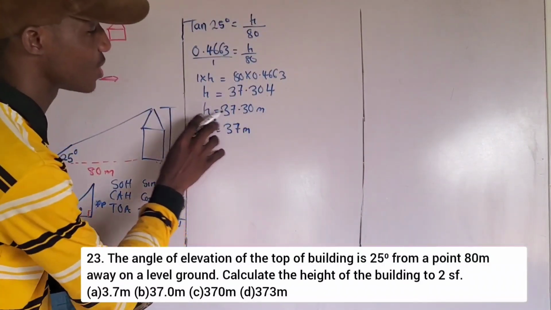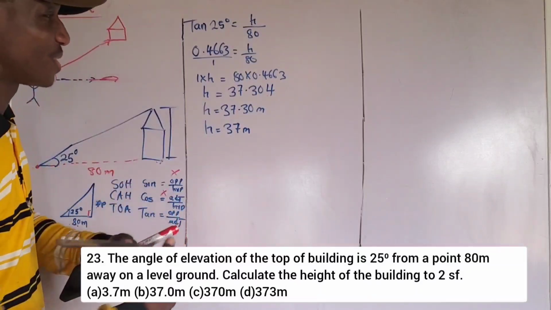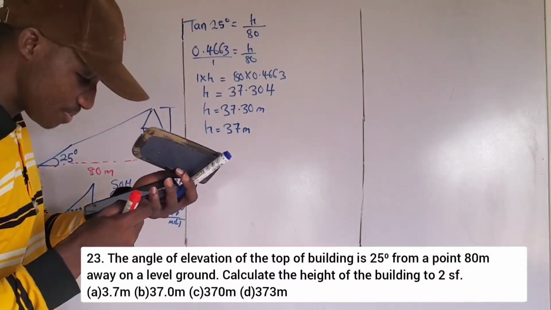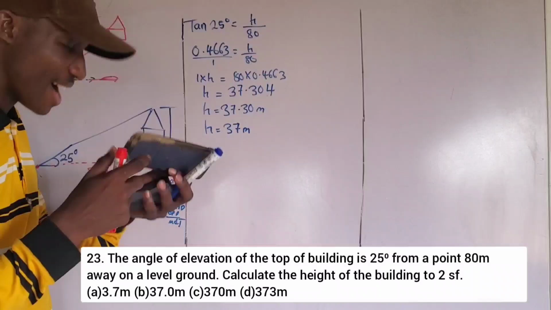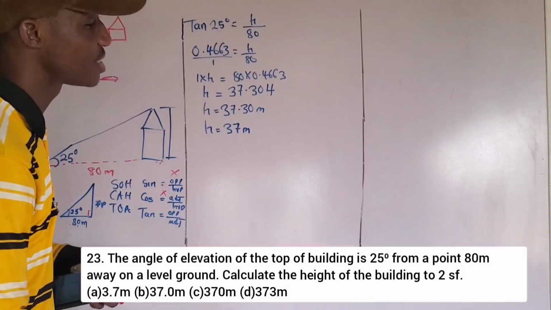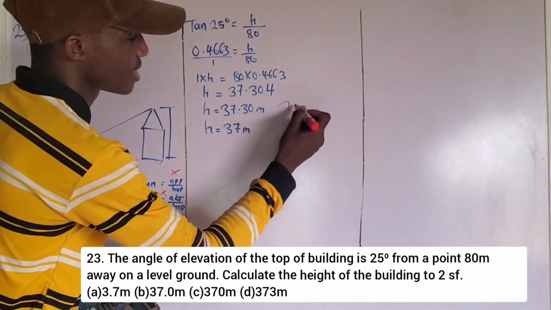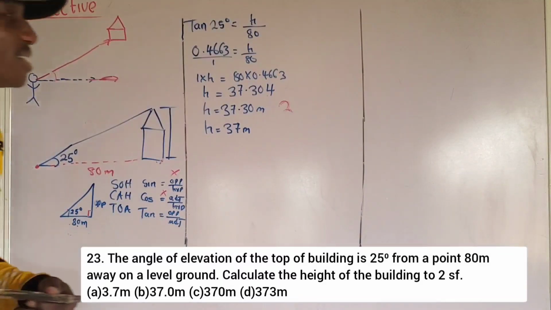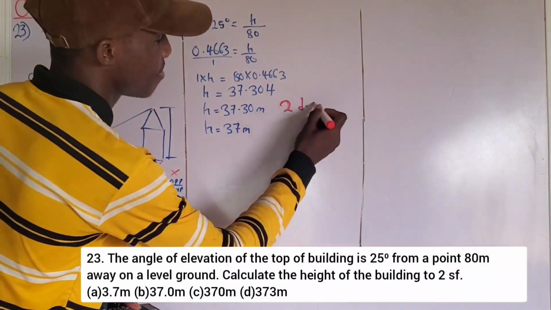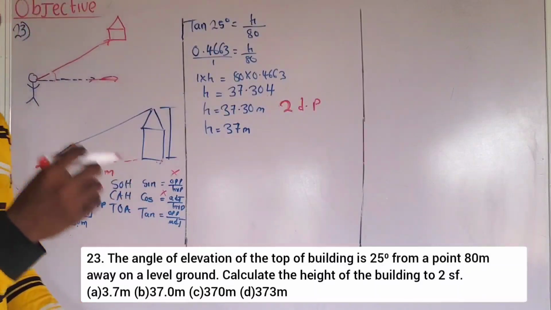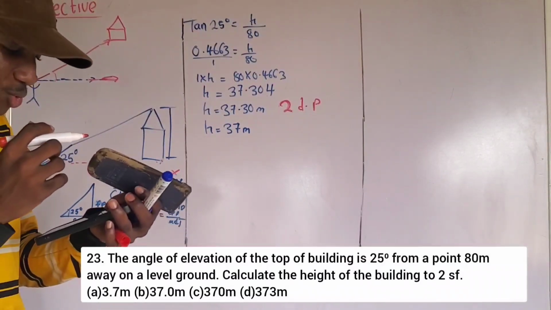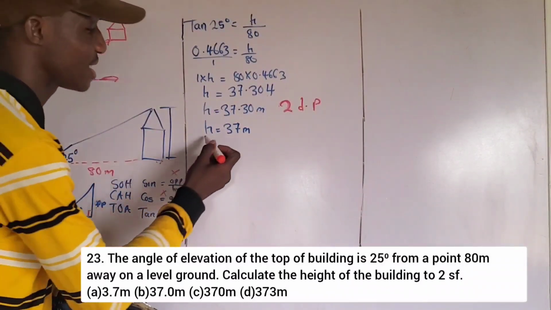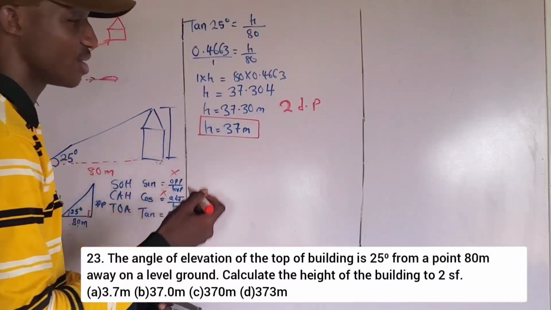Please let me explain something. If you choose 37.30, this is 2 decimal places. Let me change this marker. This one that you see here is 2 decimal places. Now we are asked to approximate to two significant figures, so the right answer there is 37 meters. Do you understand?